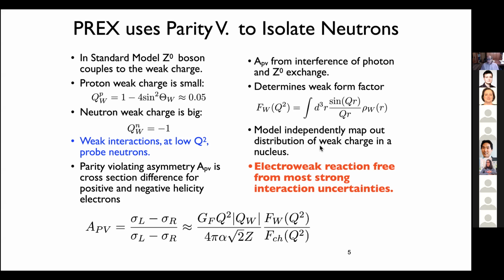There's motivation for these parity violating measurements in several different areas of physics. And I want to briefly mention motivation in atomic parity, coherent neutrino nucleus scattering, equation of state and neutron star structure in astrophysics, and then finally, of course, nuclear structure.